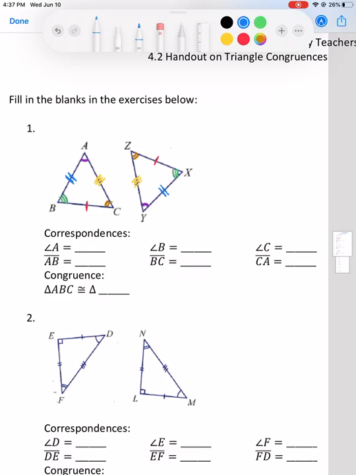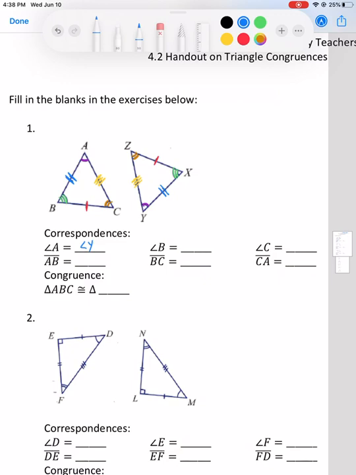Moving down to our list of correspondences, two triangles can share the same size angles and the same length sides. So angle A has one mark in the first triangle. That corresponds with the angle with this single mark in the second triangle, which was angle Y. Okay, and recall that we can name the angle after the point if it is the only angle that has that vertex, and so these triangles do.